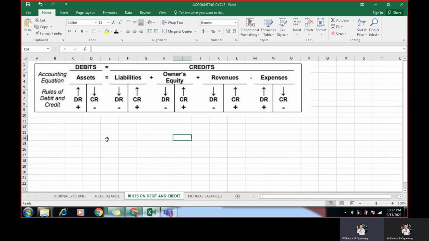To sum up, the normal balance for assets is debit, the normal balance of liabilities is credit, the normal balance for owner's equity is credit, normal balance for revenue is credit, and debit naman for expenses.